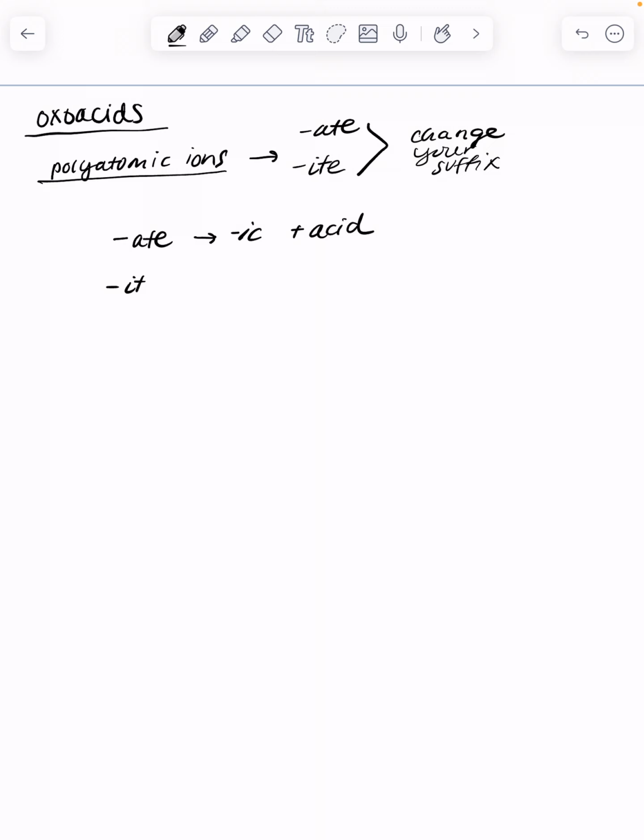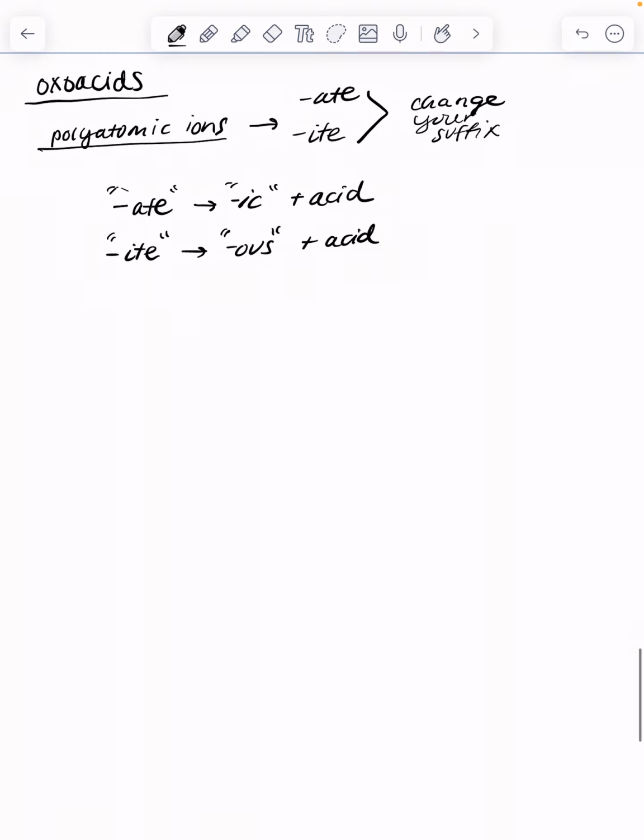If your polyatomic ends in ite, it's going to end in us, O-U-S, plus the word acid, right? So we definitely have to know how to name all of our polyatomic ions for this, because that'll determine how we name everything, right? And so let me think up some examples for our oxo acid naming.